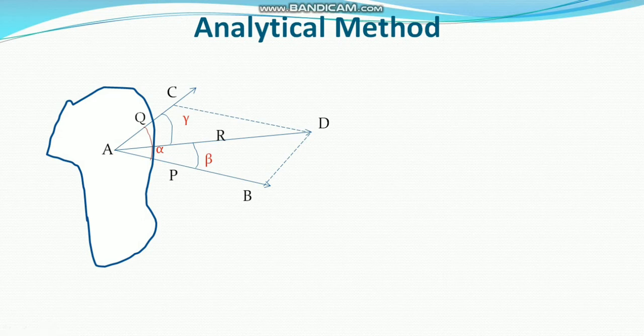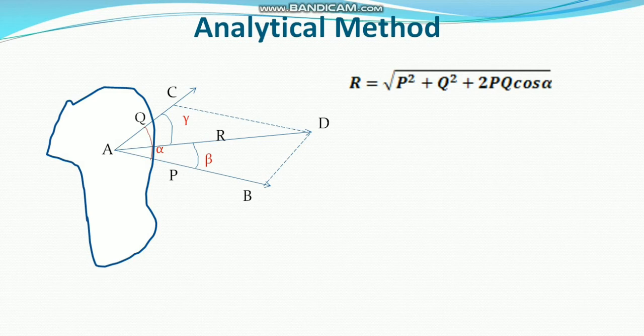Now the resultant of the two forces P and Q will be equivalent to the square root of P square plus Q square plus 2PQ cos alpha. Alpha is the angle between forces P and Q. So this is the formula for the resultant force of the parallelogram method.